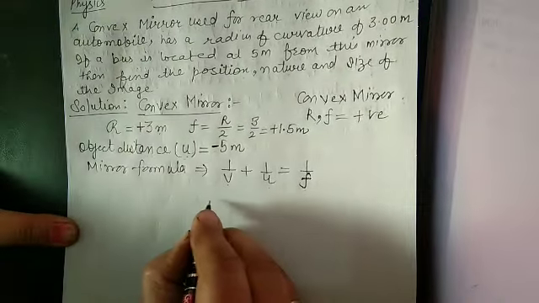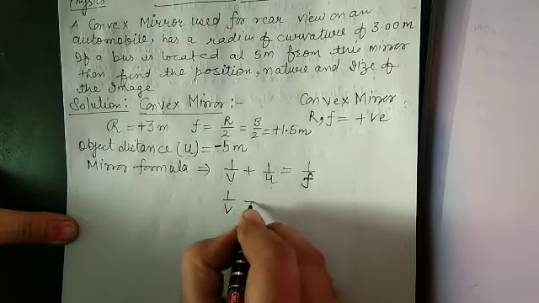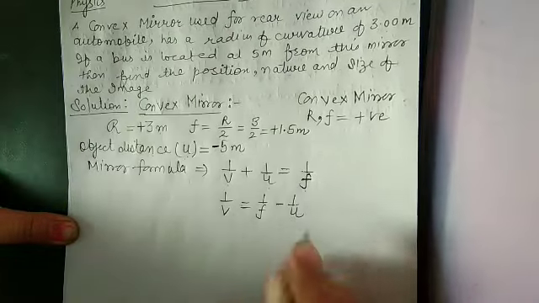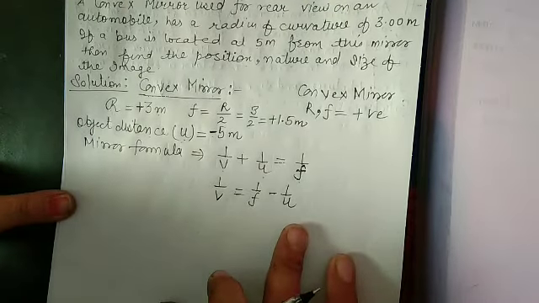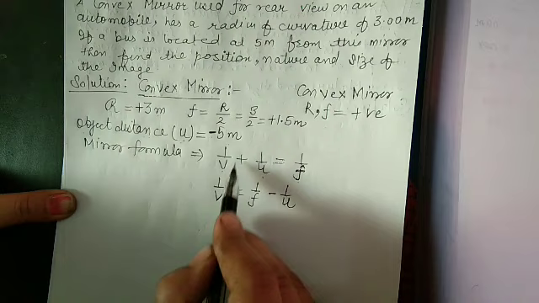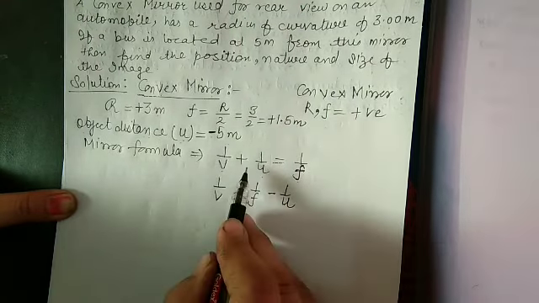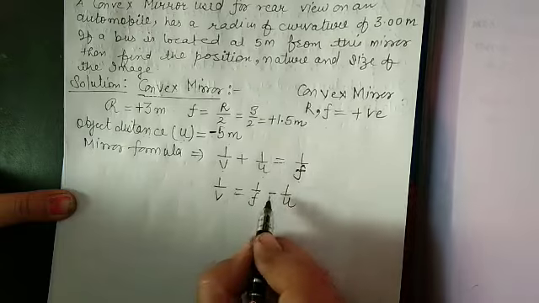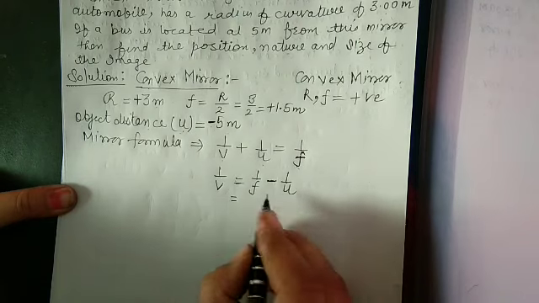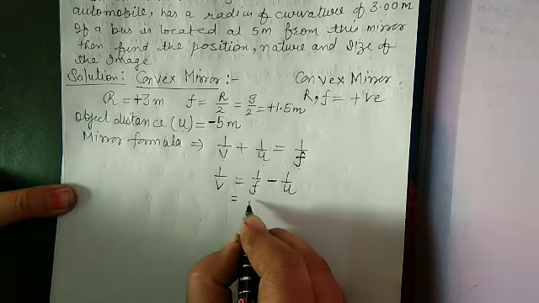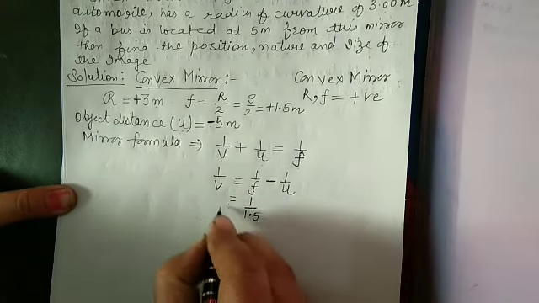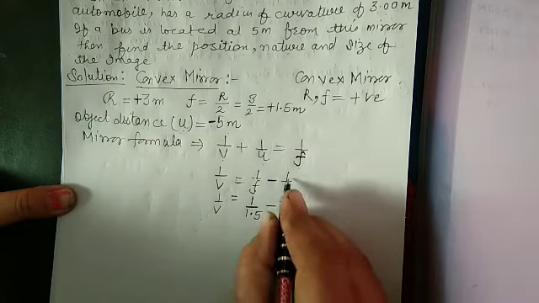Now, substituting the values, 1 by v is equal to 1 by f minus 1 by u. Point to be noted: the term that you want to find out must be kept on the left. So I am keeping 1 by v on the left. Taking 1 by u to the right, it will change its sign, so I have kept a negative sign instead of positive. Now, substituting the values, f is 1.5, so 1 upon 1.5 minus 1 upon u.